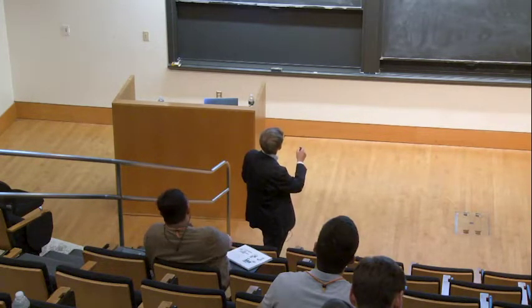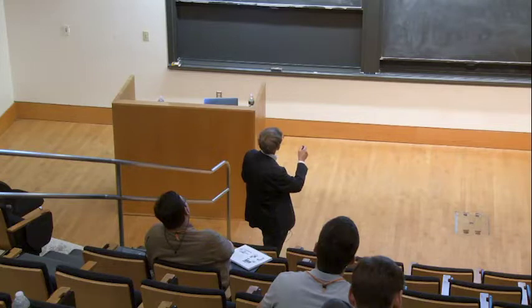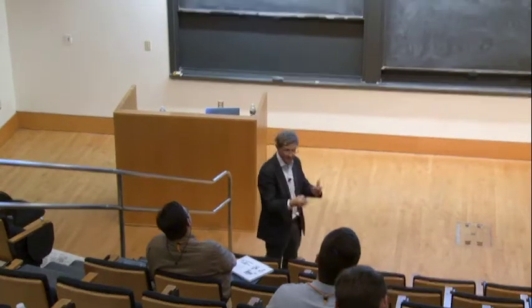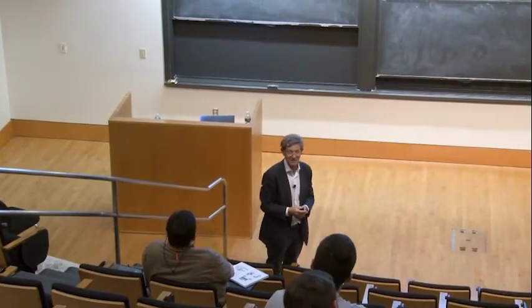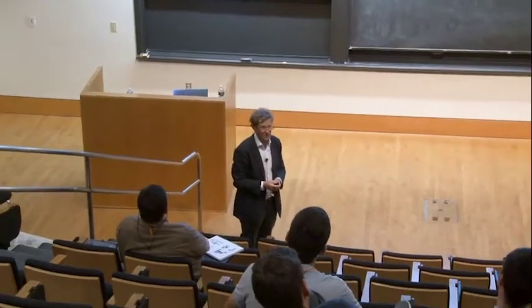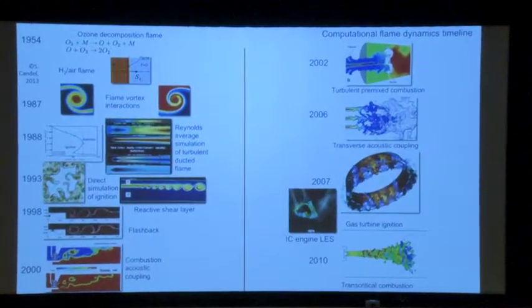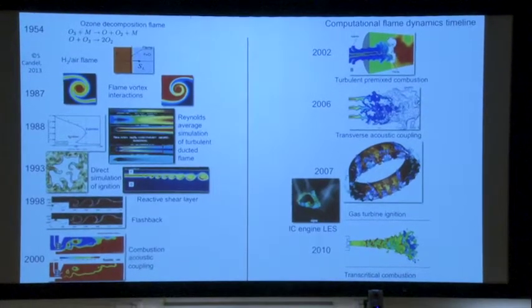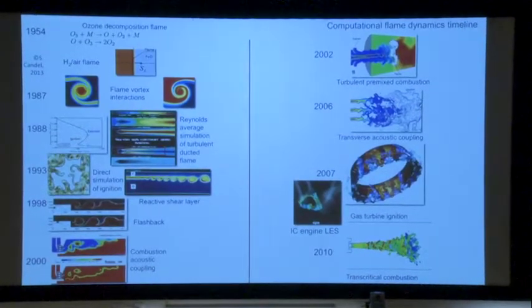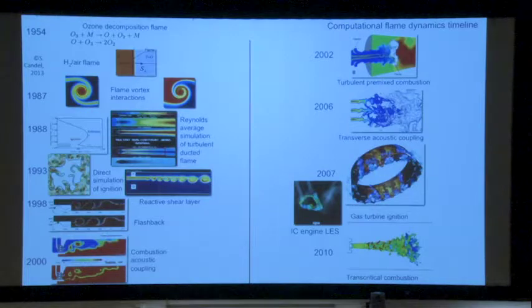But in the 1960s and 70s, we started calculating hydrogen-air flames and then hydrocarbon flames, simple flames. In those years, we were very interested in flames rolled up in vortices, and we started calculating non-homogeneous flames like that.